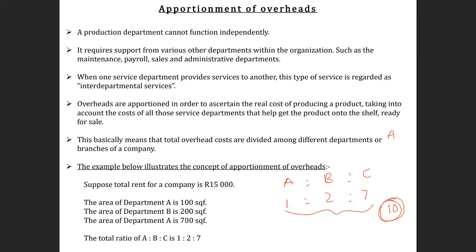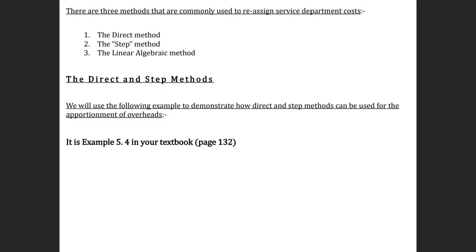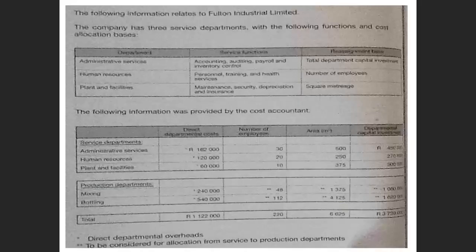So when you are saying this is the fraction for each one of them, this is the denominator of the fraction. The numerator will be these numbers. So it'll be 1 for A, 2 for B, 7 for C. Exactly as we did that here, we're going to do the same thing here.